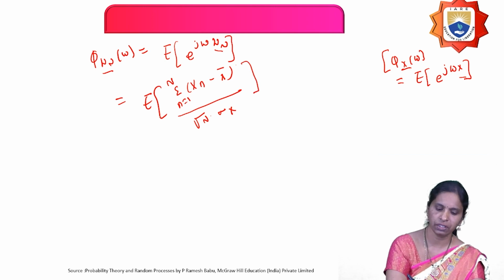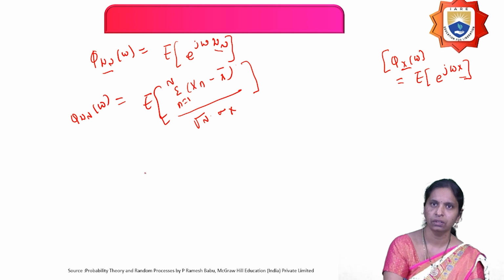So this is the characteristic function of the random variable W. And here the number n, the number of random variables, is constant, and moreover the standard deviation is also constant, so you can bring it outside. Then you can write this as 1 by square root of n into sigma x into the expectation of the sum from n equals 1 to n of xn minus x bar.